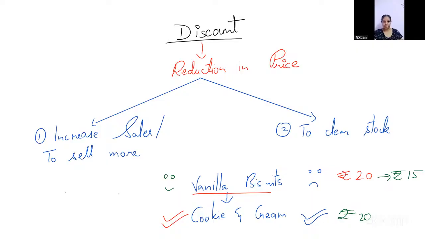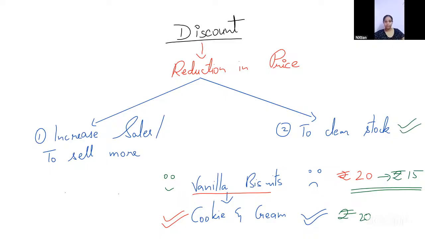Vanilla was not being sold. So the company had a lot of vanilla biscuits, but they were not selling. They need to sell it, otherwise it will get spoiled. So they reduced the price to 15 rupees and then they were able to sell it. This is known as clearing the stock, or stock clearance.